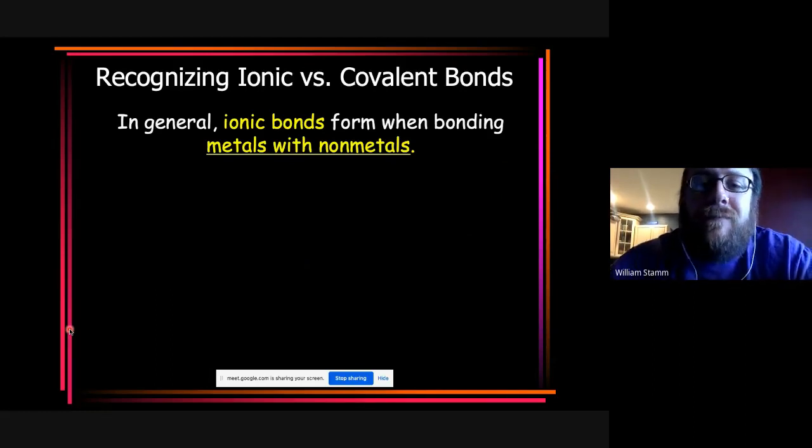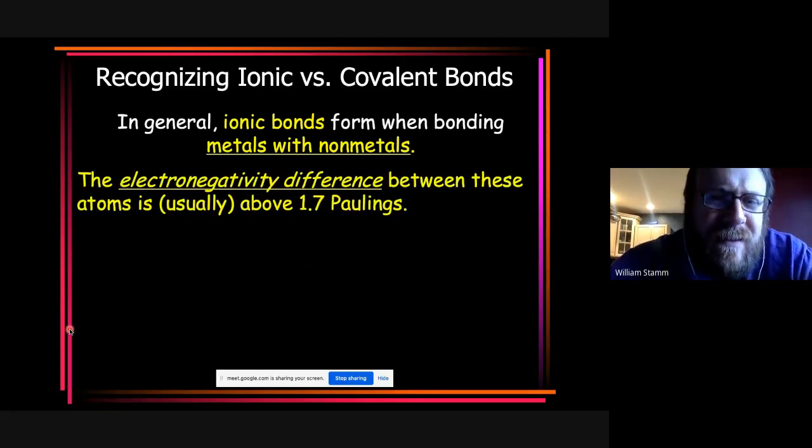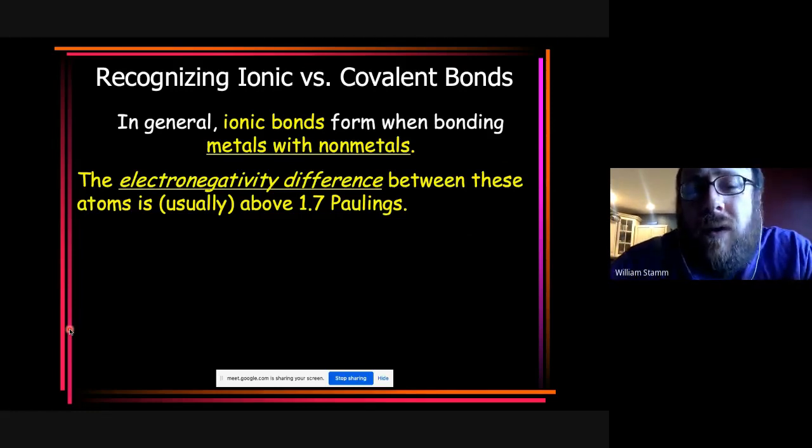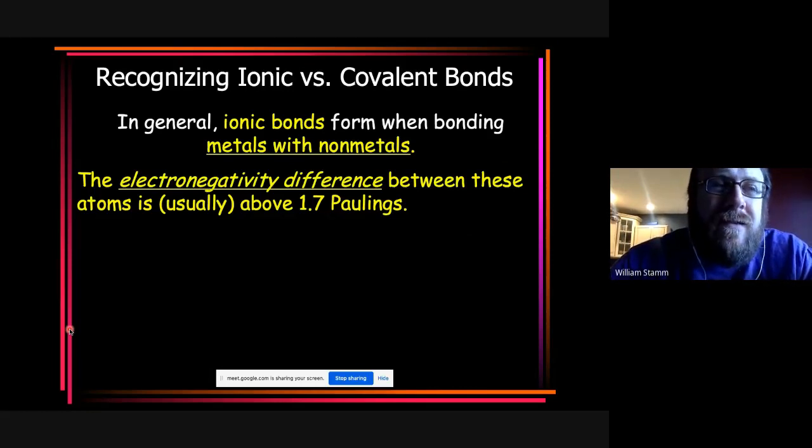Usually the difference between the two atoms' electronegativity values is about 1.7 Pauling or above. So if the difference between their electronegativity values is greater than 1.7, it's going to be an ionic bond. That's the bond character for that interaction.